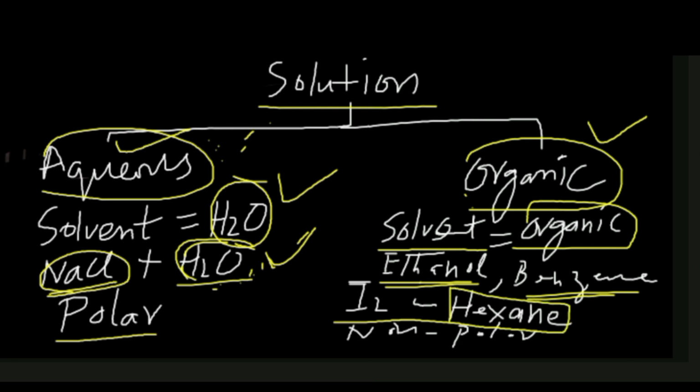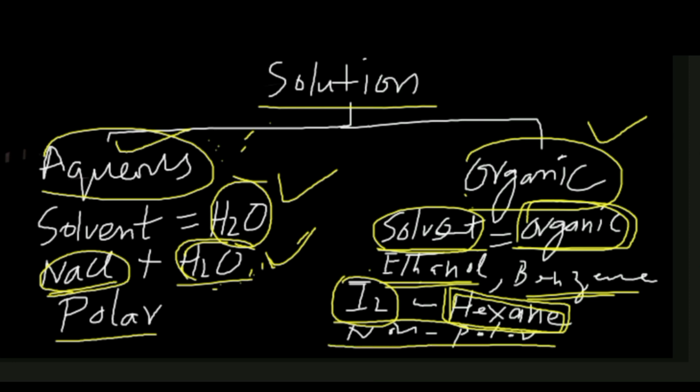In this case the iodine is the solute, while hexane is the solvent, and hexane is an organic compound. On this basis we can say that these are organic solutions. Organic solutions are non-polar, because here organic solvent is used, which are non-polar.